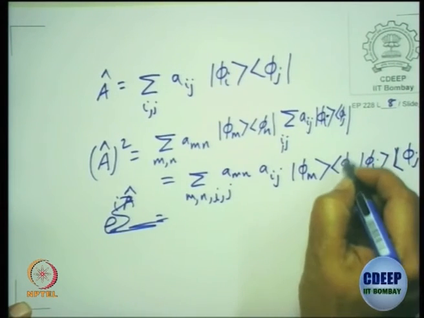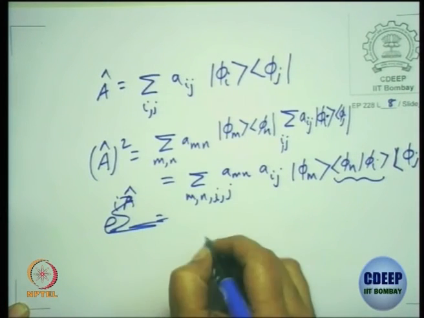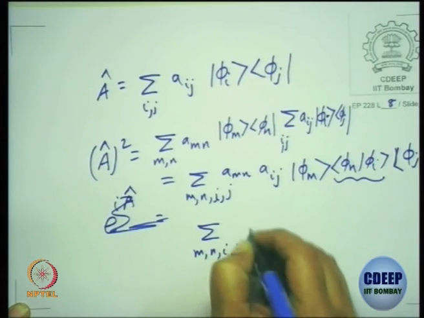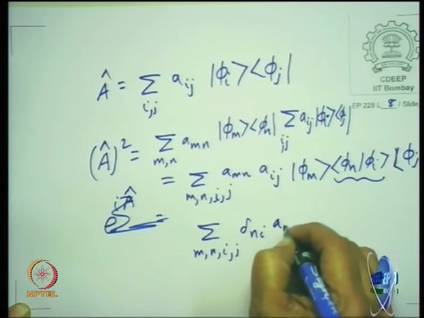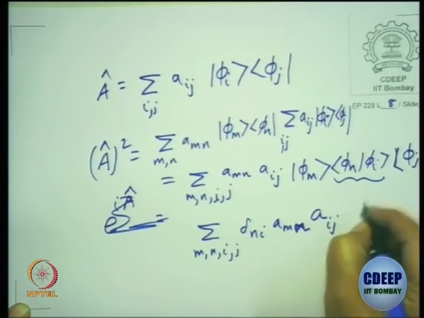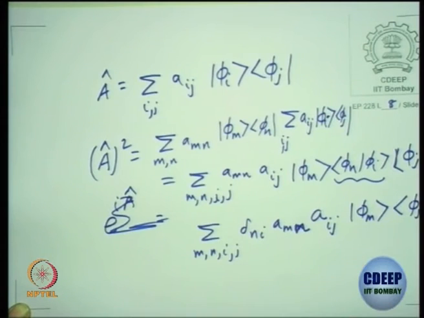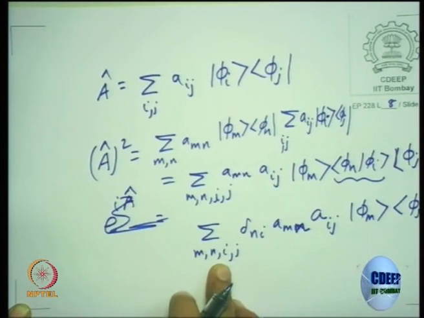What is this? It's delta ni. So you will have summation over m, n, i, j of delta ni a_mn a_ij |phi_m><phi_j|. Wherever n is there, I can replace it by i, and one summation of i is gone.